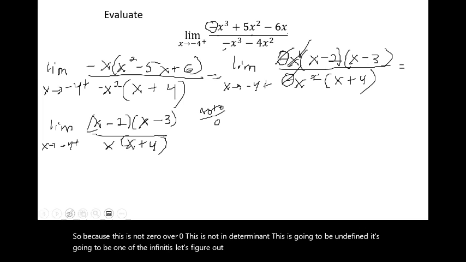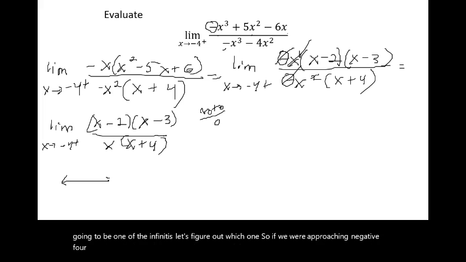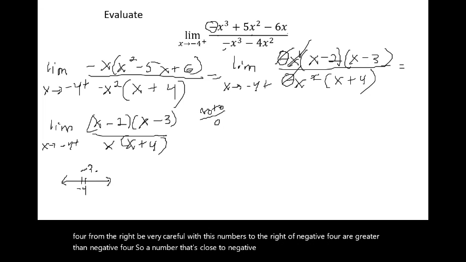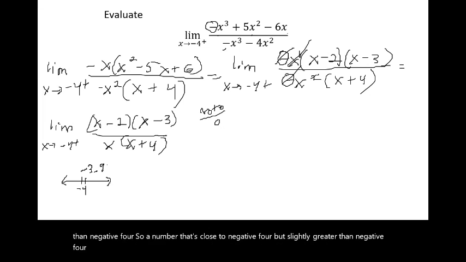So if we are approaching negative 4 from the right, be very careful with this. Numbers to the right of negative 4 are greater than negative 4. So a number that's close to negative 4 but slightly greater than negative 4 is, let's say, negative 3.99. So either mentally or on a calculator, go ahead and plug in negative 3.99 and see what happens.